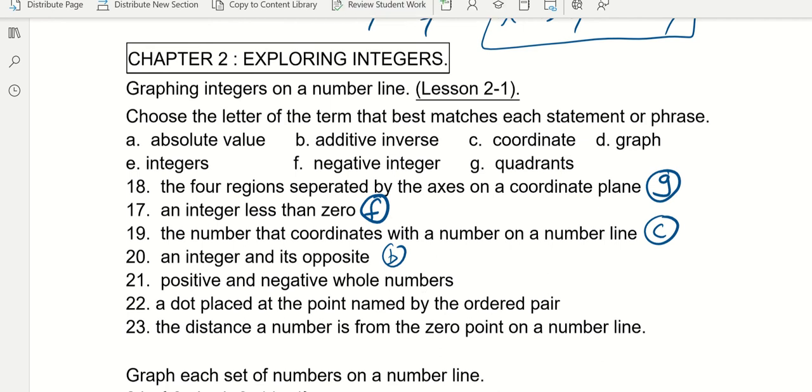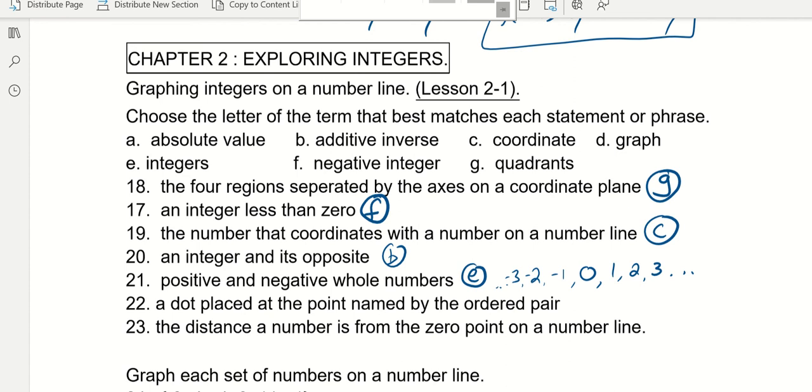Positive and negative whole numbers. That would be integers, E. Integers, positive and negative whole numbers like 0, 1, 2, 3, forever. And also negative 1, negative 2, negative 3, forever in that direction as well. Those are the integers, positive and negative. All right, a dot placed at the point named by the ordered pair.